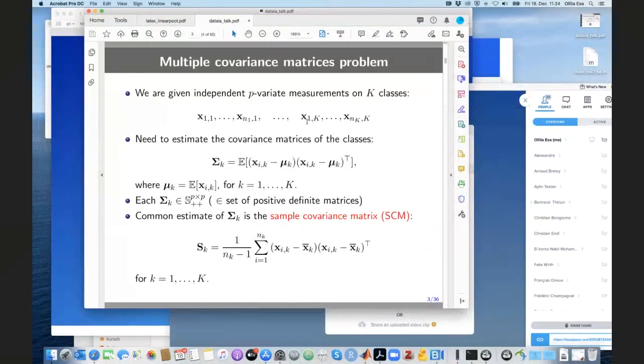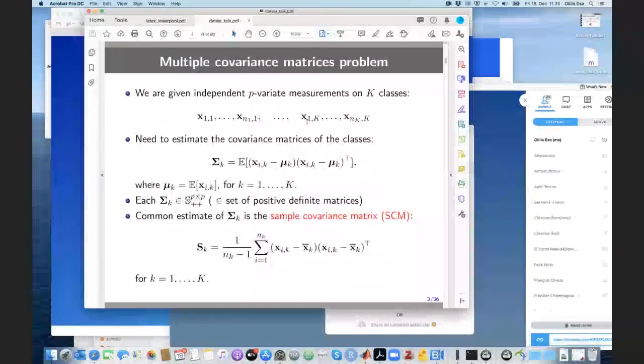The problem is that we want to estimate the covariance matrix of each of the classes, denoted by sigma_k. I would like to remind you that the covariance matrix is a symmetric, positive definite matrix. So we have basically the problem of estimating k covariance matrices.